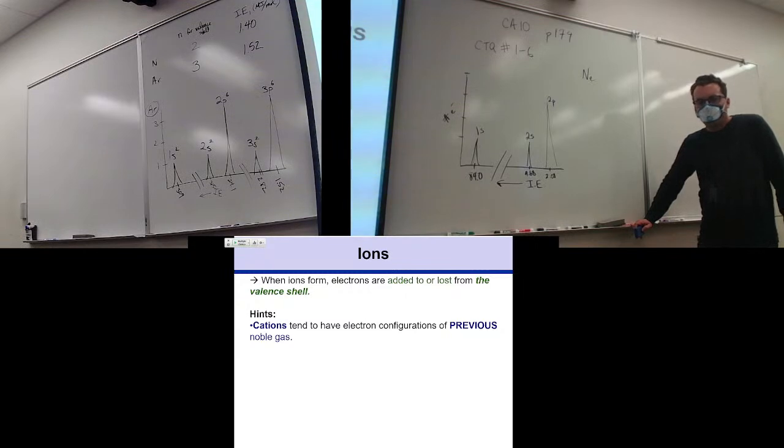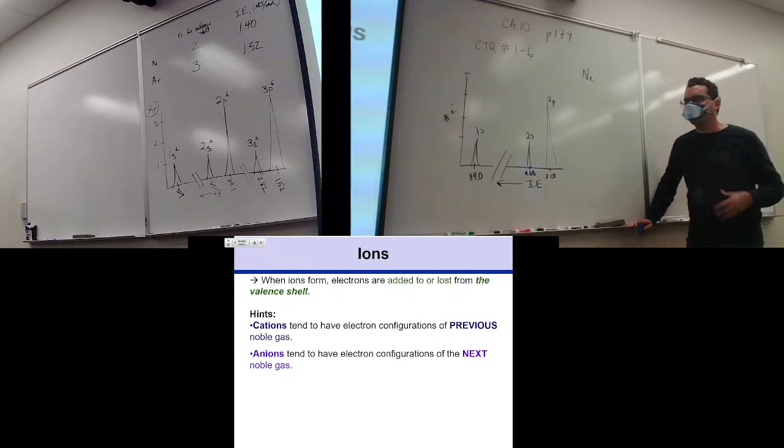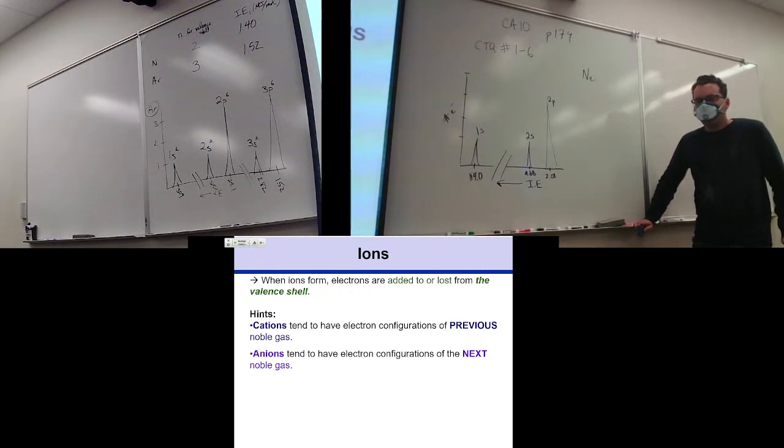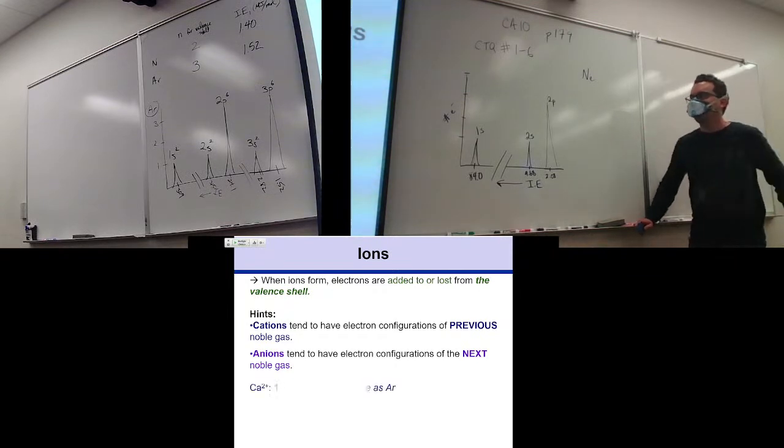Most cations that form, and remember only really metals make cations, those metals make cations that tend to have electron configurations that look like the noble gas that's right previous to it. Anions tend to go the other way. So nonmetals like to gain electrons. They like to make anions. And their anion electron configurations look exactly like the noble gas that's in front of it.